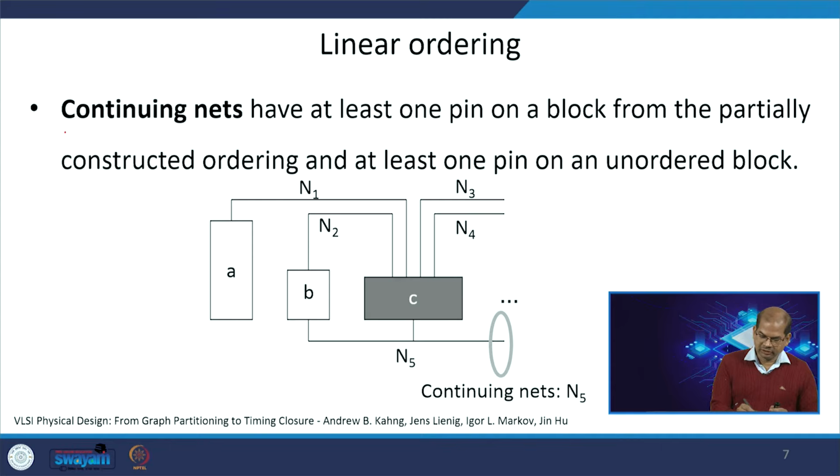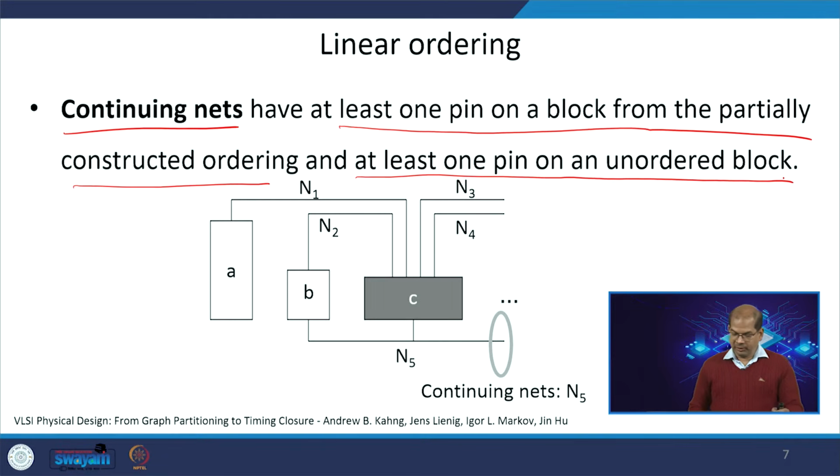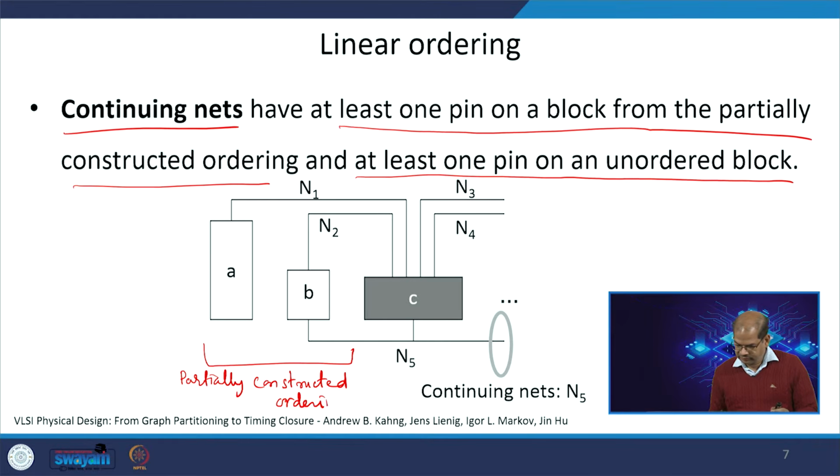Then there is a terminology called continuing nets. The continuing nets have at least one pin on a block from the partially constructed ordering and at least one pin on an unordered block. Partially constructed ordering means A and B, which have been partially made.